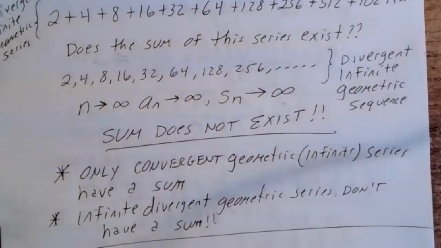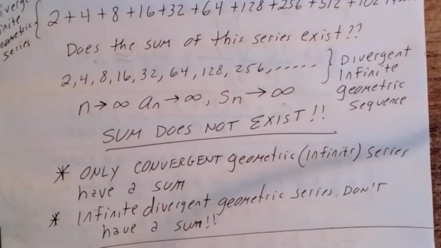Okay. So in order to possess a sum, an infinite geometric series, and in general, an infinite series of any type, must be convergent. Any infinite series, ladies and gentlemen, that is divergent will not have a sum. All right.